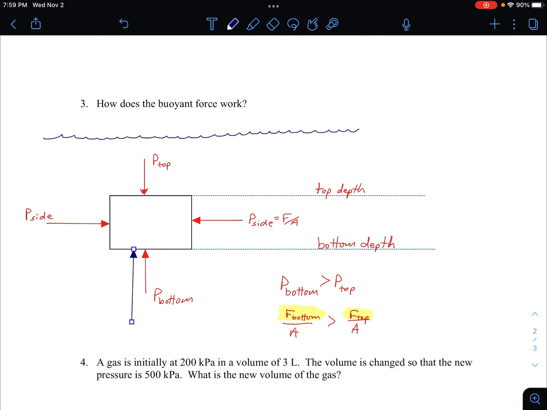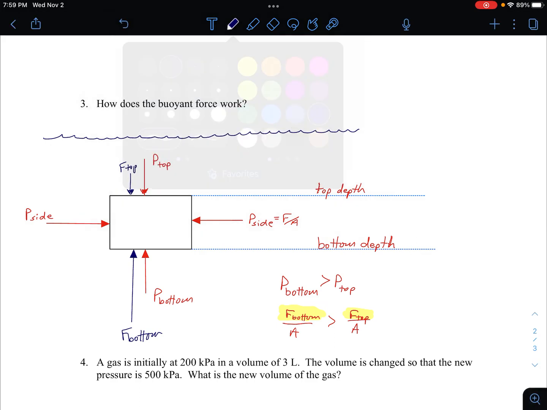This is the bottom force. And then we have a top force. Well, if the bottom force is greater than the top force, then we're going to have a net force acting up.